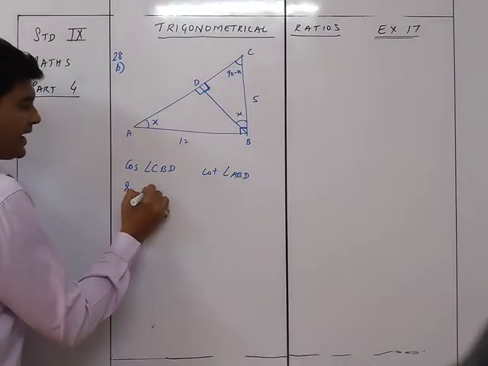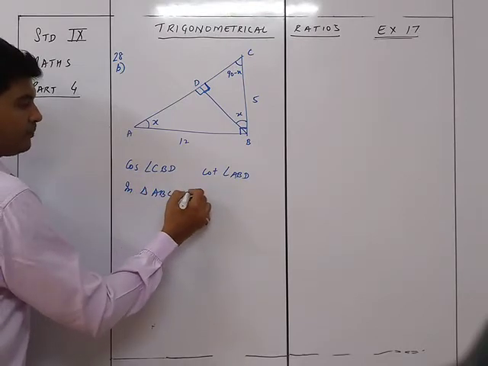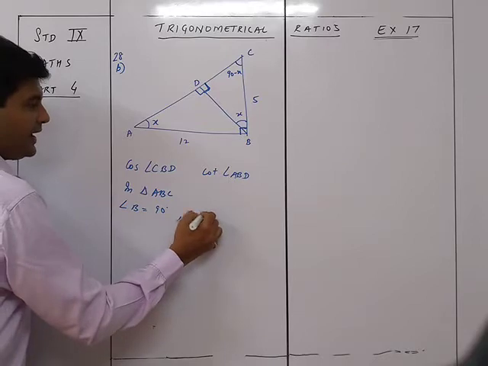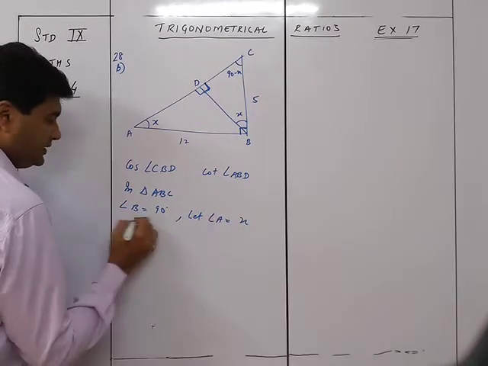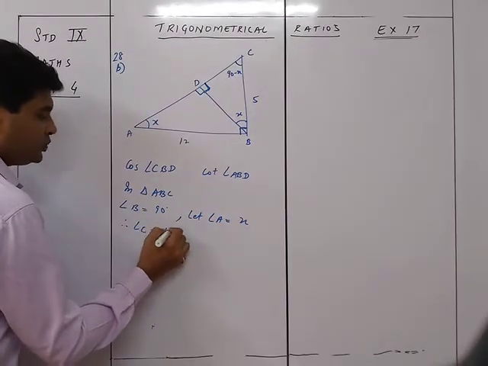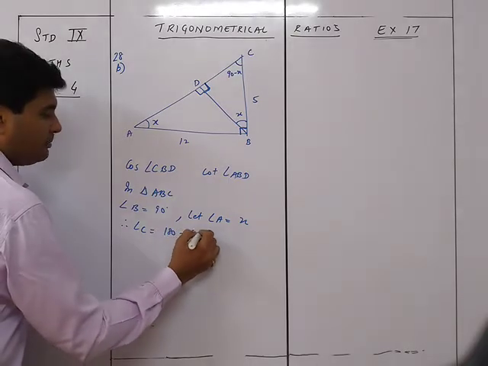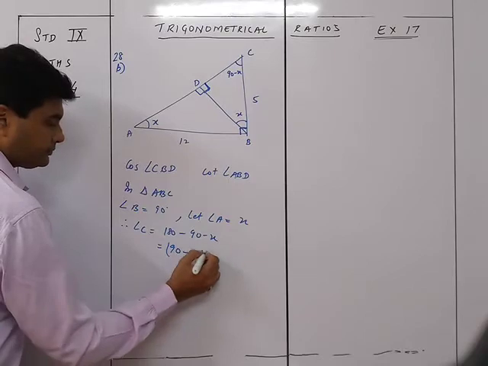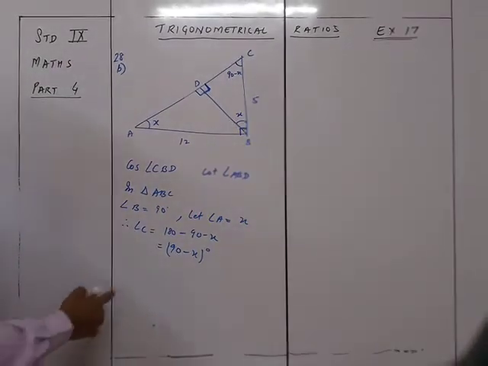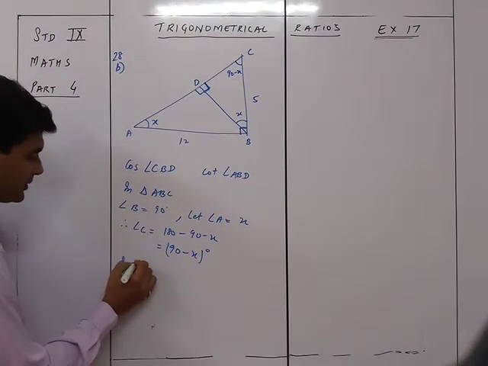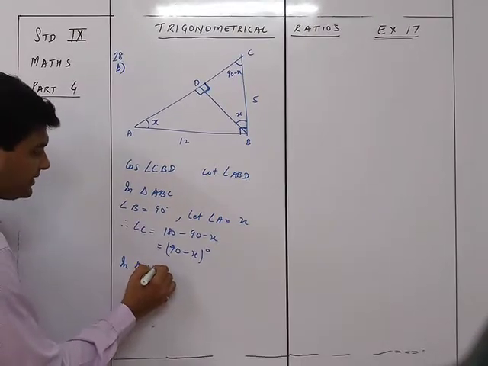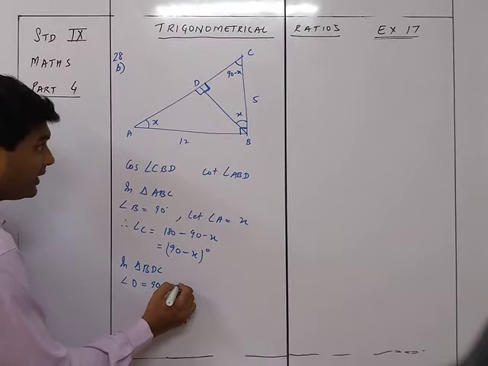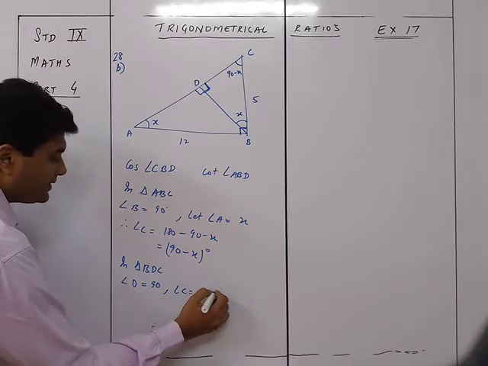See, in triangle ABC, angle B is equal to 90 degrees. Let angle A be equal to x. Therefore, angle C is equal to 180 minus 90 minus x, which is 90 minus x. Now, in triangle BDC, angle D is equal to 90 degrees and angle C is equal to 90 minus x.